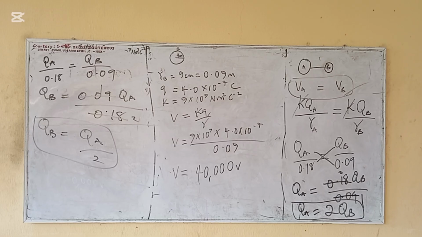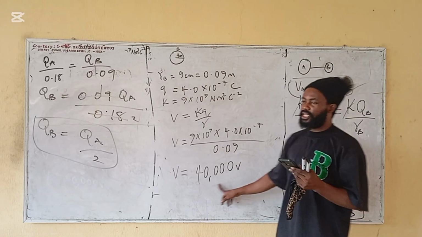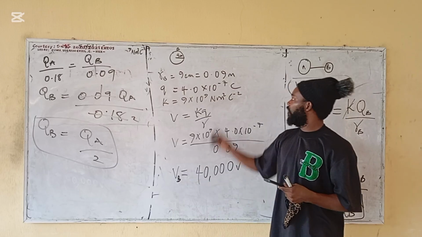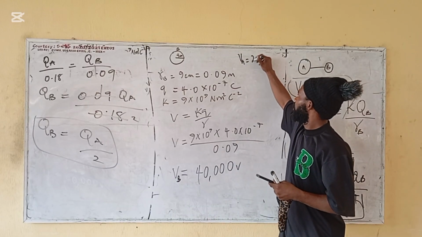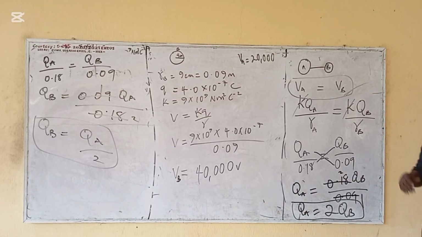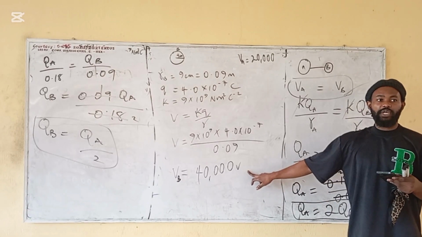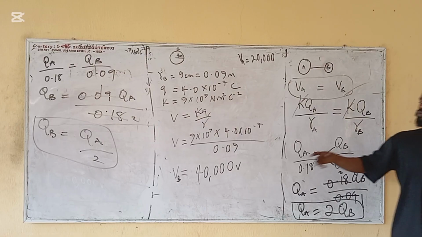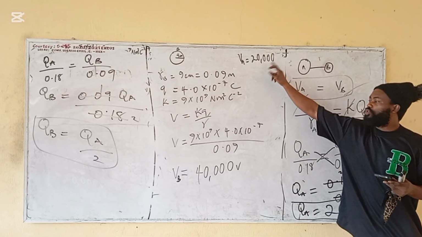I want us to check something. This is 40,000 volts for VB, while VA was 20,000 volts. So which potential is higher? This one. That means that charge will flow from this one to this one.